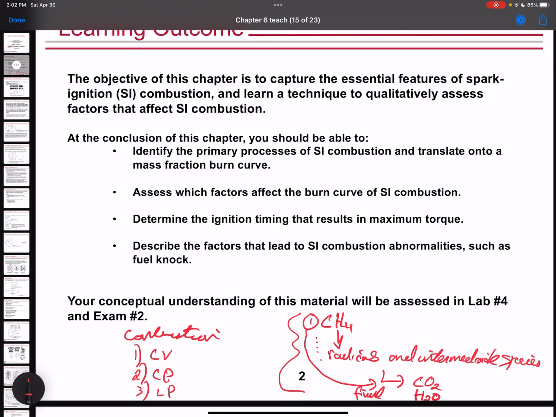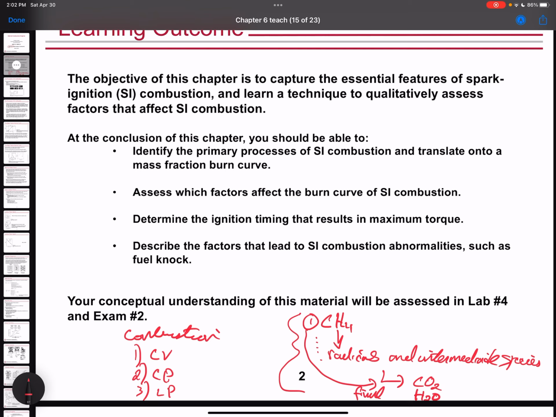And so we certainly aren't going to have enough time to cover that before the end of the semester, but I will post a lecture for you that I had recorded previously about compression ignition combustion. I'll post that on Canvas so that you have an opportunity to watch that and view it at your interest, right? There won't be any assessments on it, so you're not required to watch it. It would just be an optional item to watch.